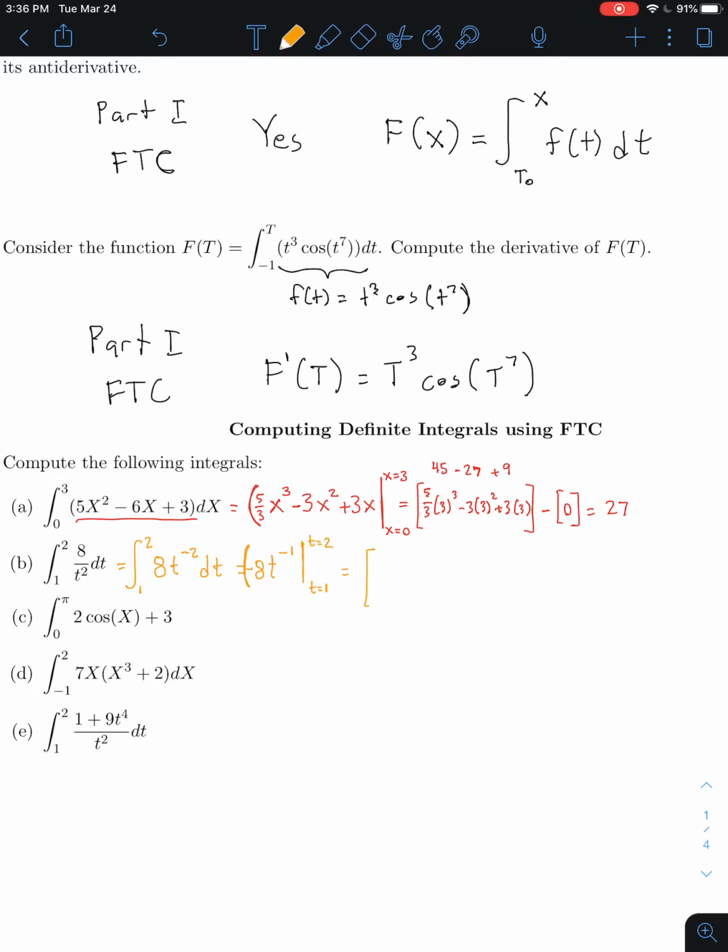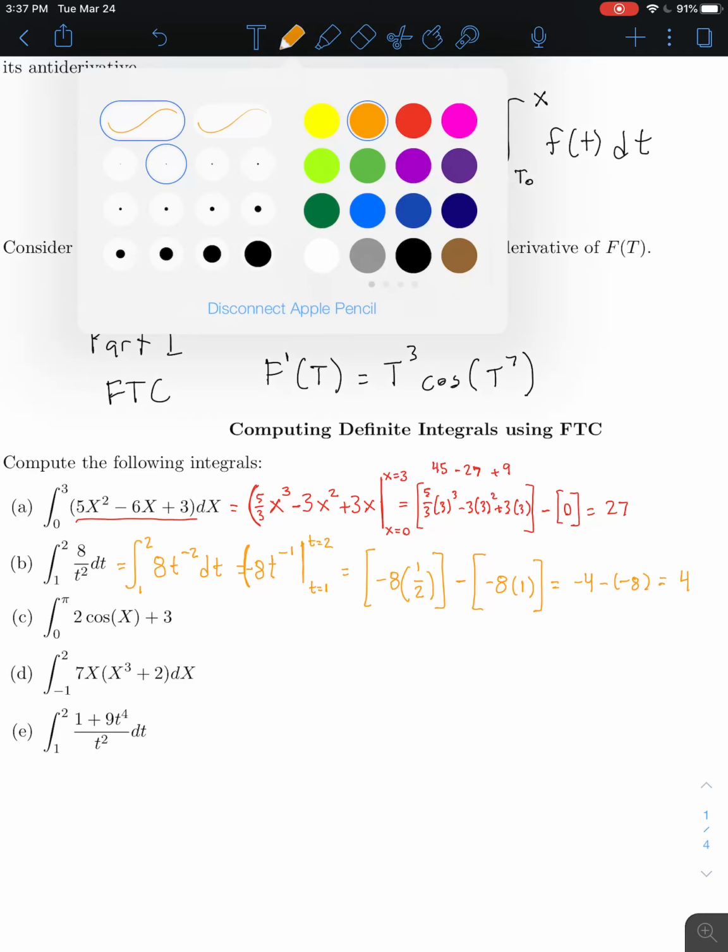Let's do that now. So plugging in t equals 2, we have negative 8 times 2 to the negative 1, which is 1/2. And then for the lower bound, we have negative 8 times 1 to the negative 1, which is still just 1. So we end up with negative 4 minus negative 8, which is 4. So the second integral evaluates to 4.